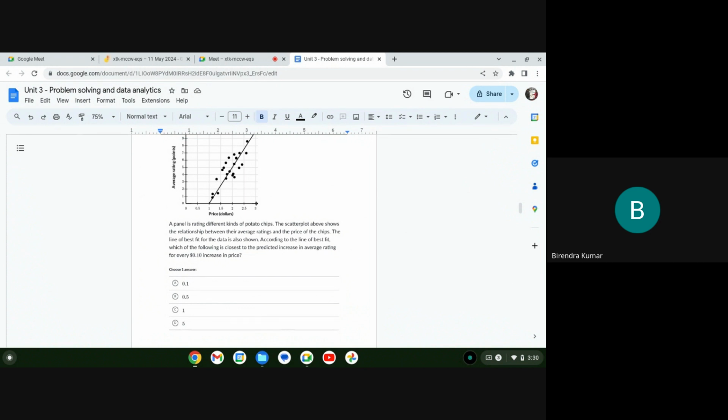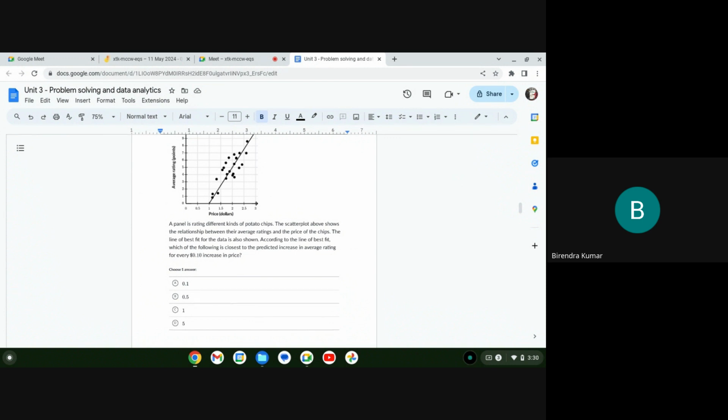Okay, so the first line I will not repeat. A panel is rating different kinds of potato chips. That line is simple, right? The scatter plot above shows the relationship between their average rating and the price of the chips.